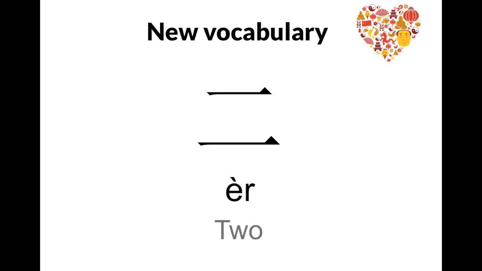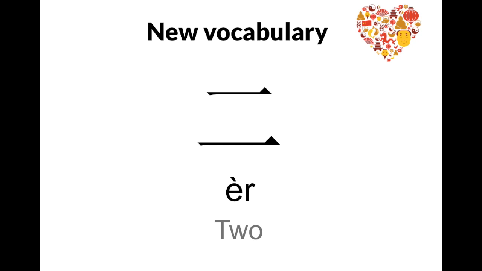Er, the fourth tone. And note that the upper stroke here is shorter than the lower. But this sound, it can be a bit more difficult. Er. To remember it, I just try to imagine like a pirate that says R. And then you just add the fourth tone, which has a bit negative sound to it. So you go er, er.